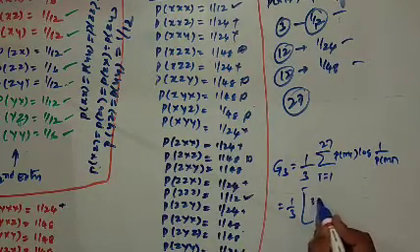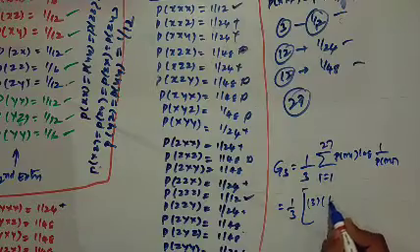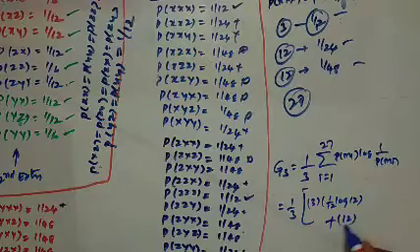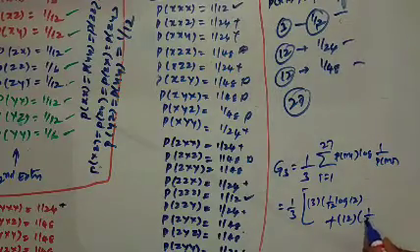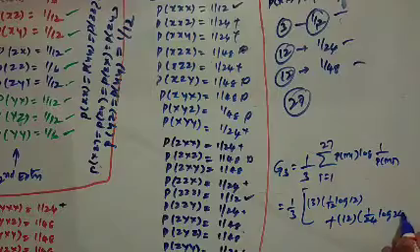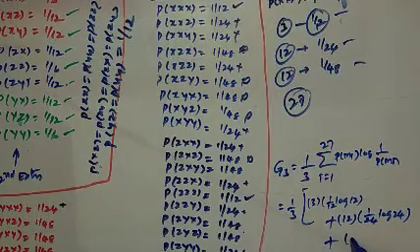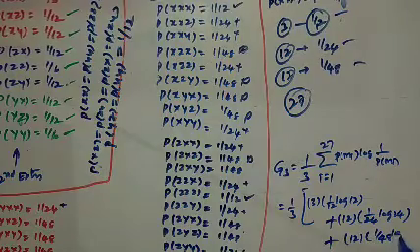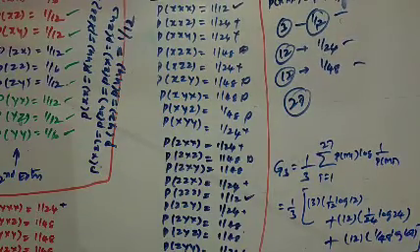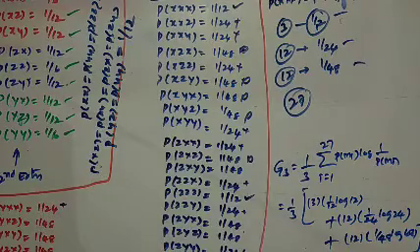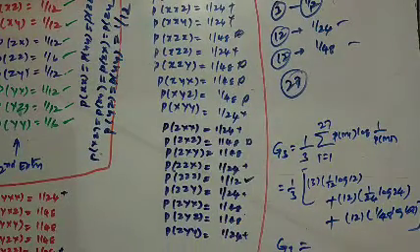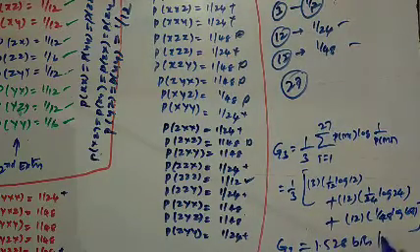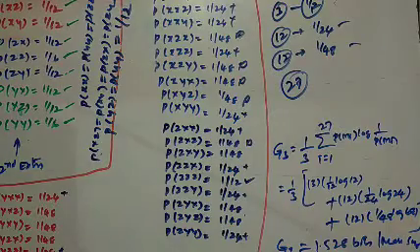So 3 into 1 by 12 log 12 plus 12 into 1 by 24 log 24 plus 12 into 1 by 48 log 48. On solving this, we get G3 equal to 1.528 bits per message symbol.